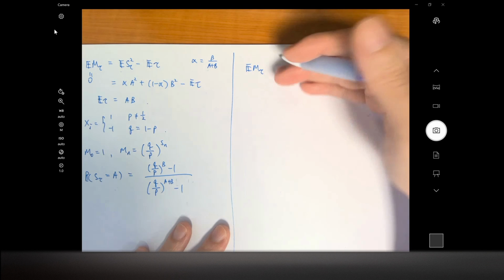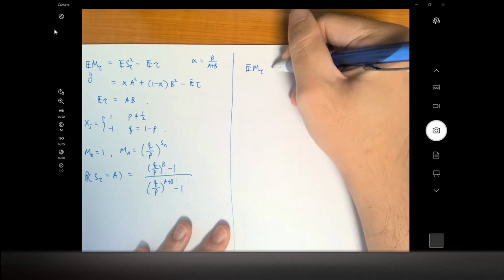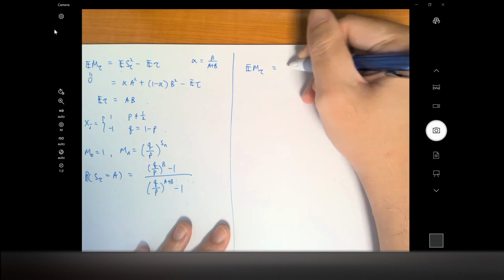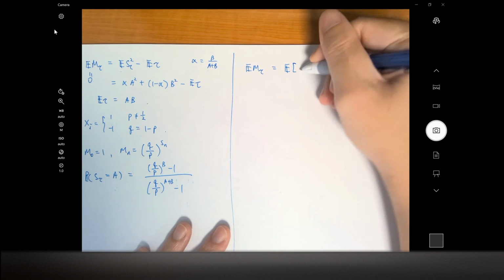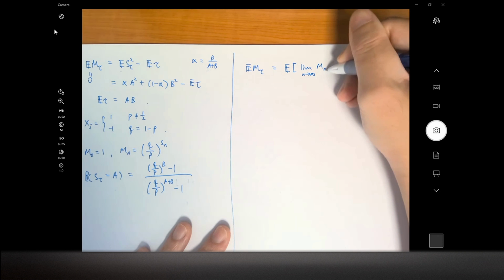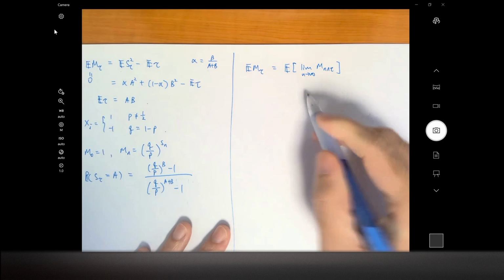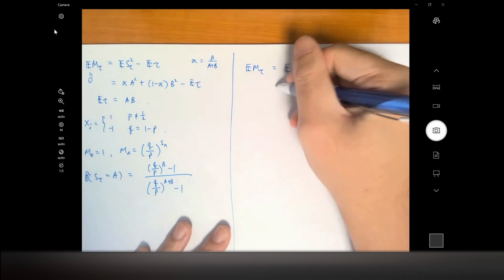Because there are certain properties associated with that martingale, so we are able to make use of the DCT, okay? So first of all, we have this, and then we can make use of the DCT to bring the limit outside of the expectation.